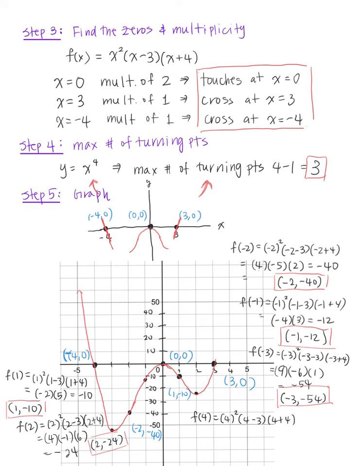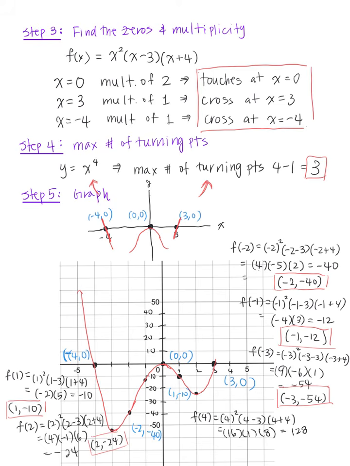Now, if you want to find out how far this tail end is going to go when x is 4, just compute f(4). So we have f(4) equals 4 squared times (4 - 3), and then times (4 + 4), right? So this is going to be 16 times 1, and then times 8, which is, what the heck is that, 128?